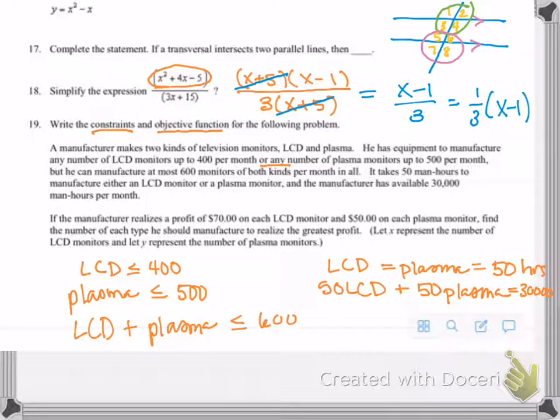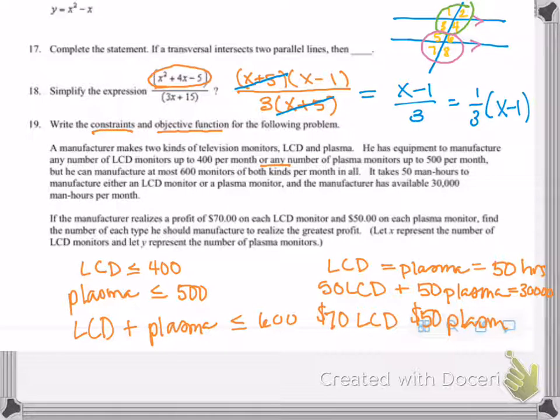The second paragraph says the manufacturer realizes a profit of $70 on an LCD and a profit of $50 on the plasma. So we're making $70 for every LCD, and we're making $50 for every plasma. So these are dollars.